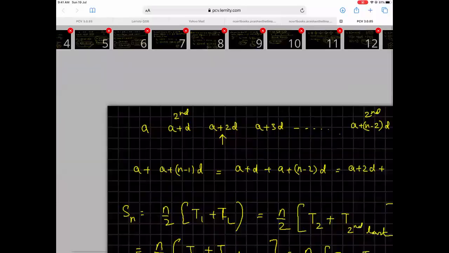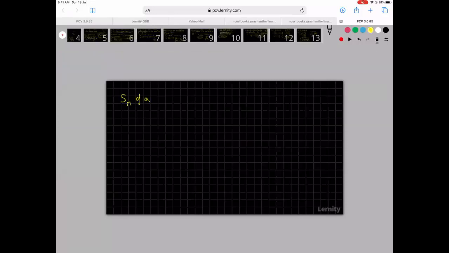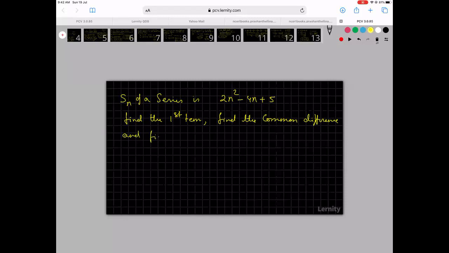So some more questions for you. The sum of n terms of a series is 2n squared minus 4n plus 5. Find the first term, find the common difference, and find T10.